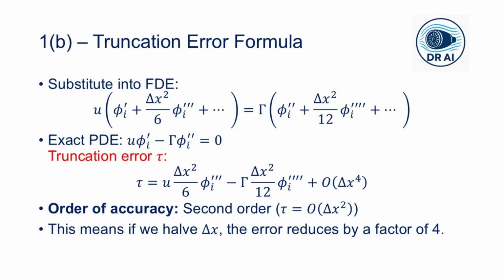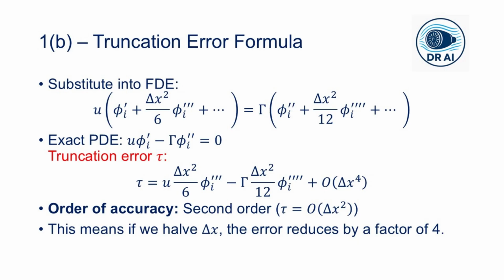So tau is equal to u times delta x squared divided by 6 times the third derivative of phi at node I, minus half t, which is the coefficient, times delta x squared divided by 12 times the fourth derivative of phi at node I, plus higher order terms of fourth order.